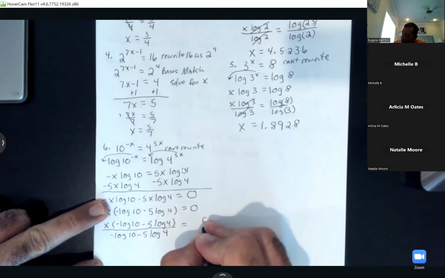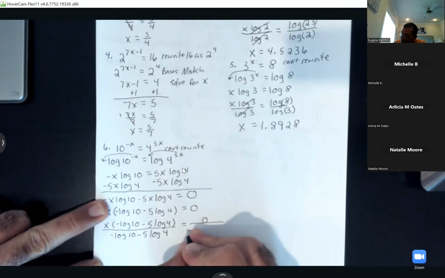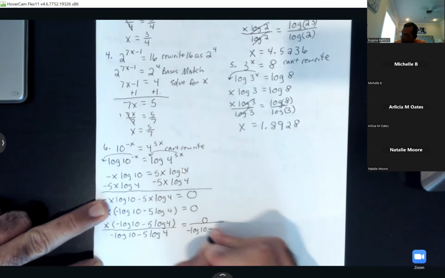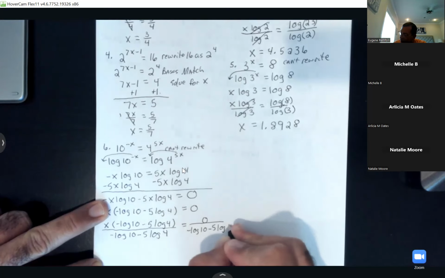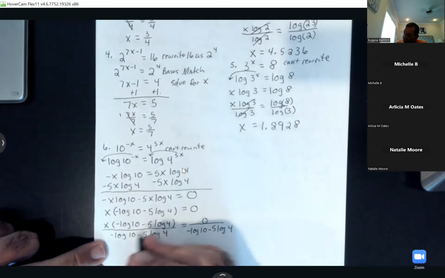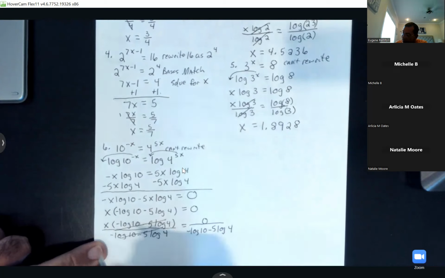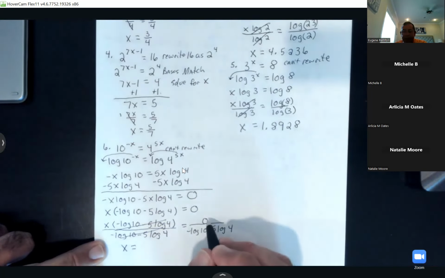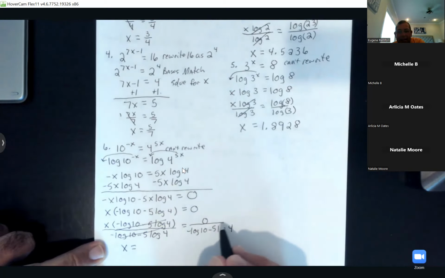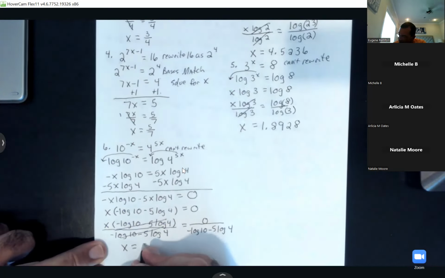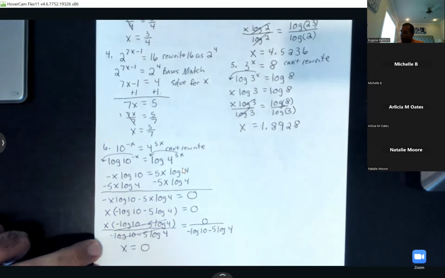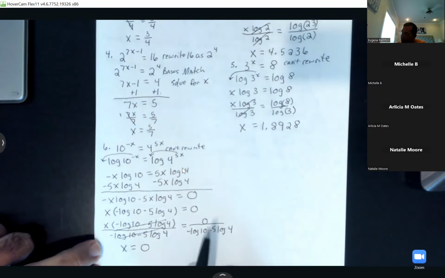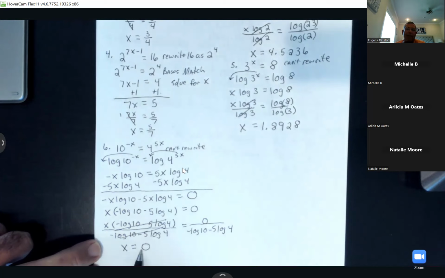That's going to give me 0 divided by my negative log 10 minus 5 log 4. Well, y'all, that cancels on this side, leaving that x. And guess what? 0 divided by anything is going to be 0. So we don't even have to punch that on the calculator, because we got a 0 on top. Once we divide that, we're still going to get that 0.